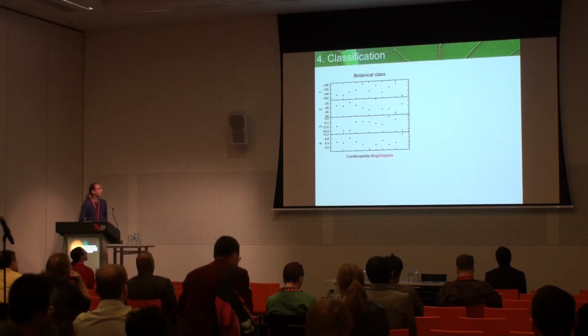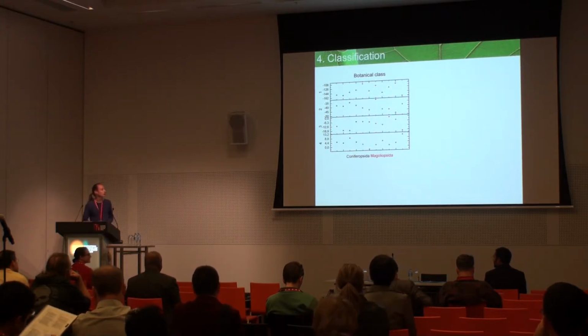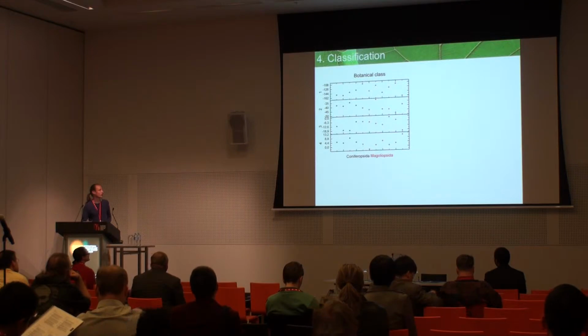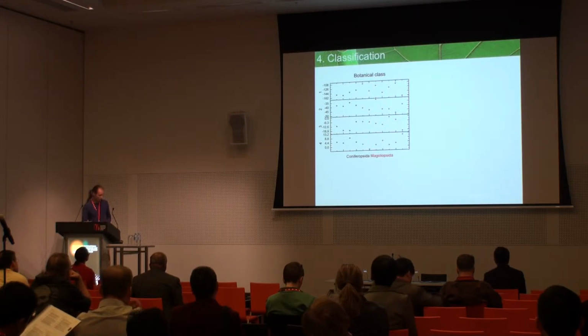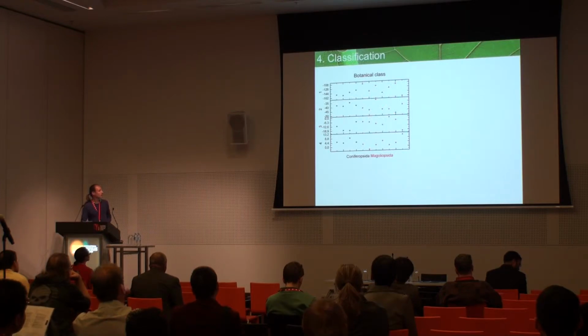The second most interesting result we found was from the botanical class. Here are shown now only samples from outside, and we have coniferous trees and deciduous trees, and you can see that actually there are differences, for example here, but the differences are very weak.